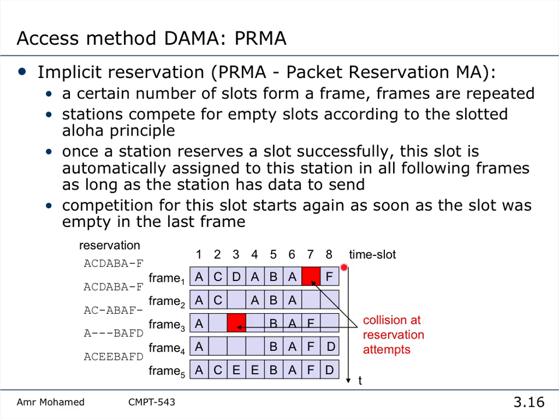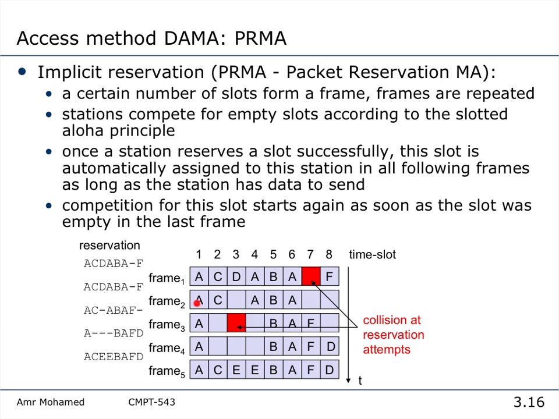So here, at the end, the arbitrator will announce, okay? Only A can send here, only C can send here, only A can send here, and so on. This one is still available. From there on, there will be no collision on the time slots that have been reserved.